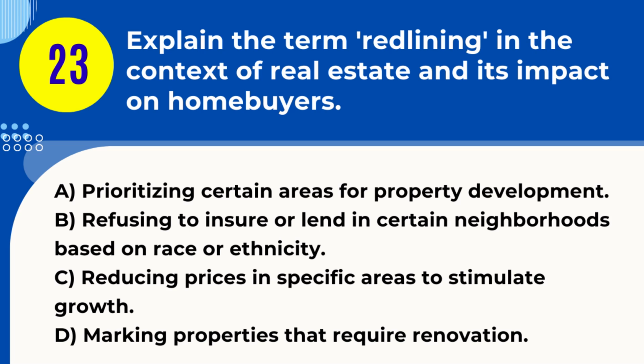D. Marking properties that require renovation. Answer: B. Refusing to insure or lend in certain neighborhoods based on race or ethnicity. Explanation: redlining is the discriminatory practice where services, like mortgages or insurance, are denied or priced higher for residents in certain areas based on race or ethnicity.